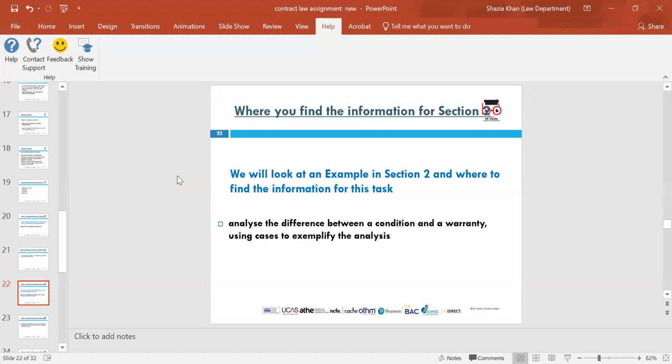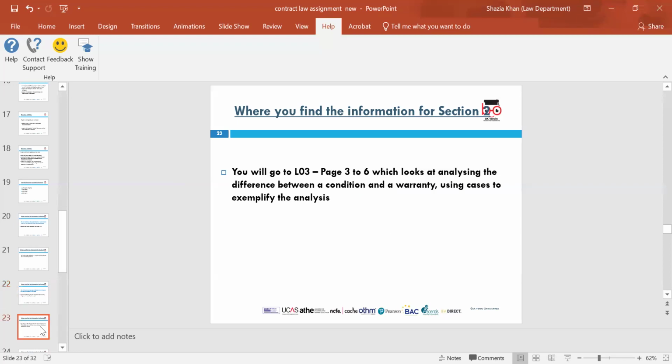Secondly, I've looked at where you would find information on the second task which I picked out, which was to analyse the difference between a condition and a warranty using cases to exemplify the analysis. And you would find this on Learning Outcome 3.